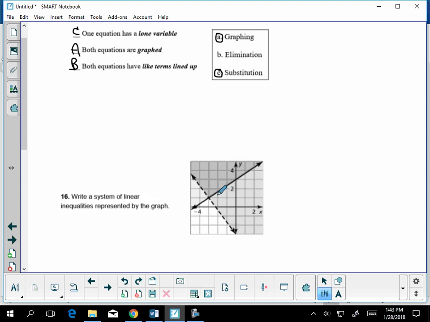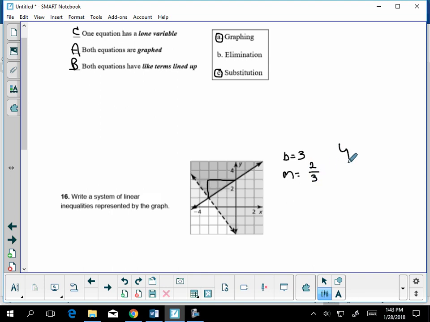Here, we want to write a system of linear inequalities. Let's go with the solid line first. My y-intercept is 3. My slope, let's see, rise 2, run 3, and it's positive, is 2 over 3.